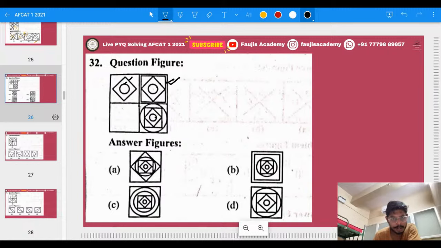And this square is getting enclosed into a circle. So this hole will also get enclosed into a circle. I'm still not convinced why and how exactly this is happening, guys.